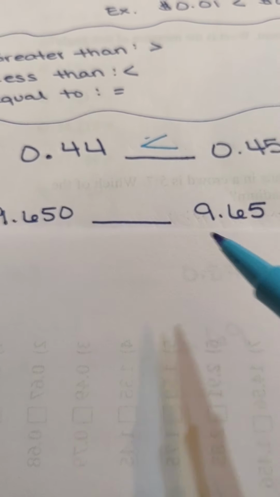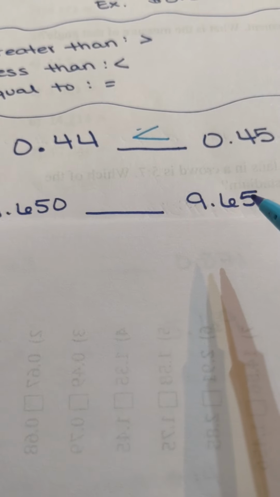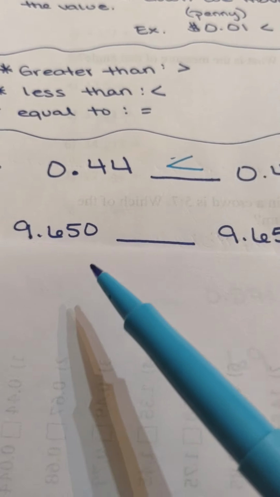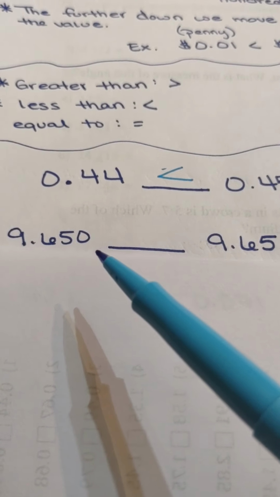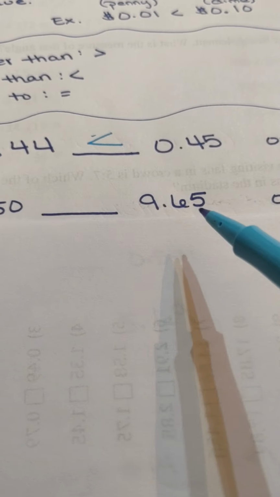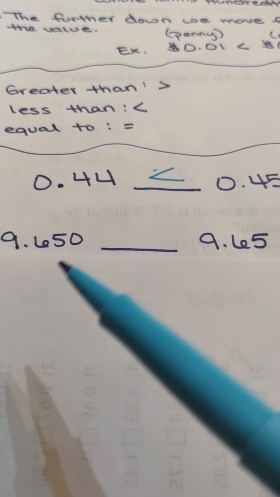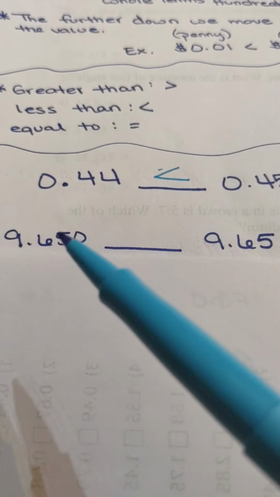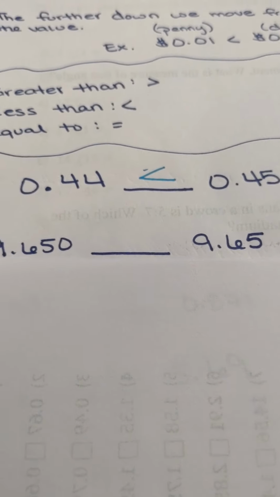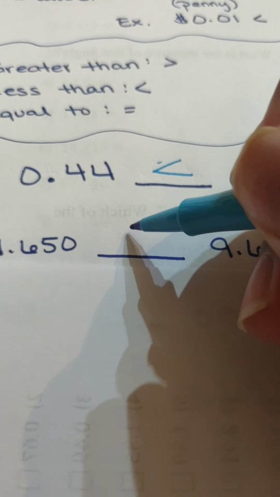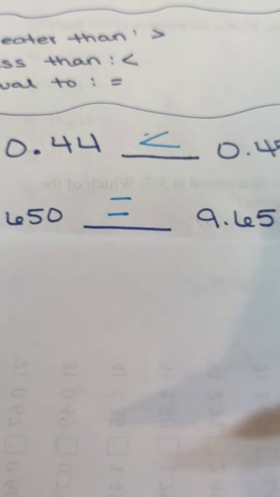I have a 5 and a 5. So I can't do anything there. Let me look at the thousandths. I have a 0, and I have nothing here. So does that mean this one is smaller than that one, since there's nothing there? Or is this one bigger than that one because this one actually has a 0? Well, let me tell you that these are actually equal to each other.